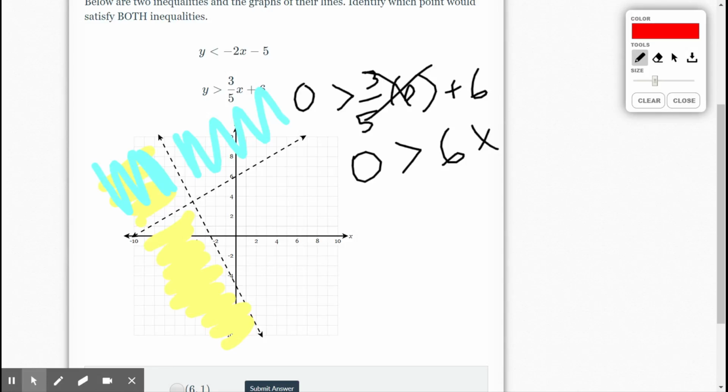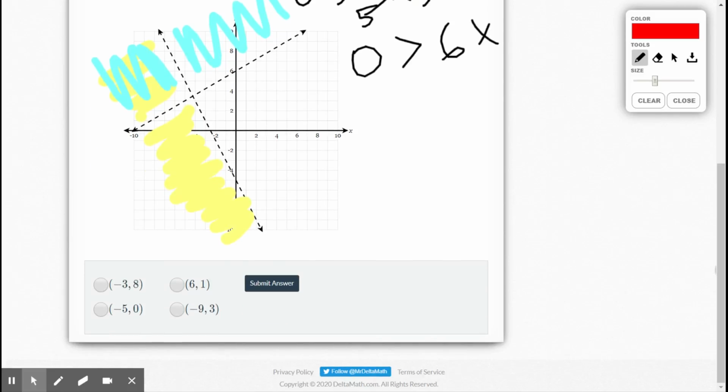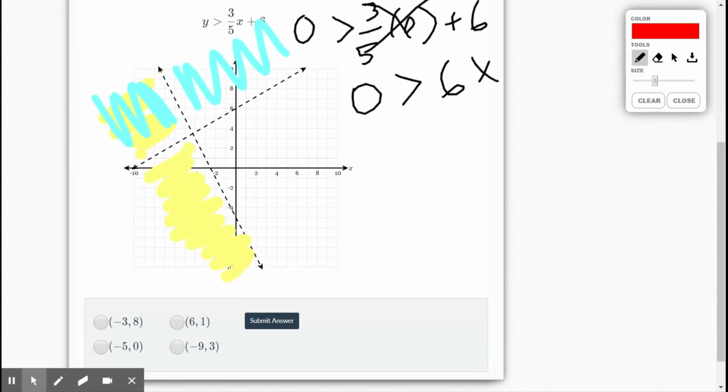If we look at our choices at the bottom, (-5, 0) is somewhere over here. Oh, sorry, let's start over. (-3, 8) would be up here somewhere.